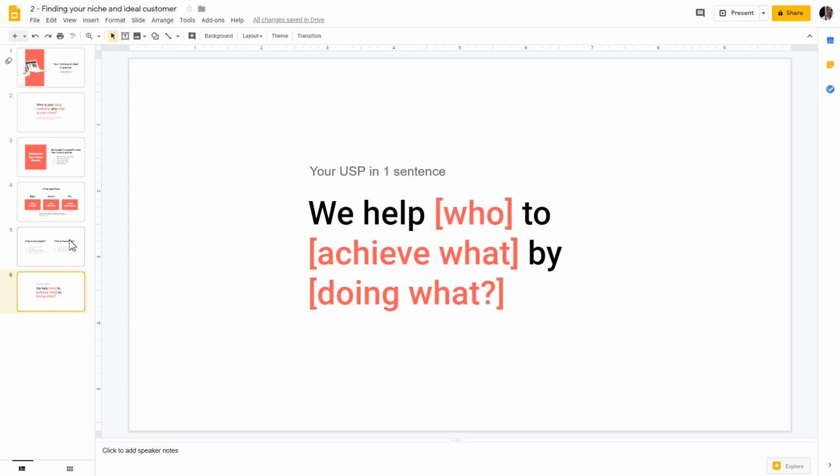So you can play around with these USPs and you can use them inside your landing pages, inside your funnels, inside your home pages, in order to convert more people into actually contacting you if it's do it for you, or signing up for a trial if it's do it yourself.